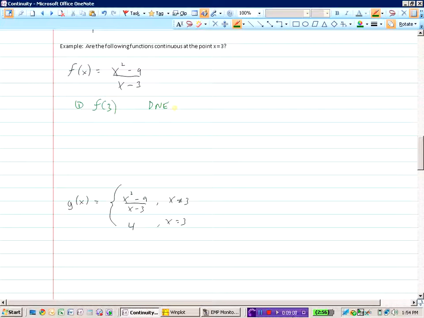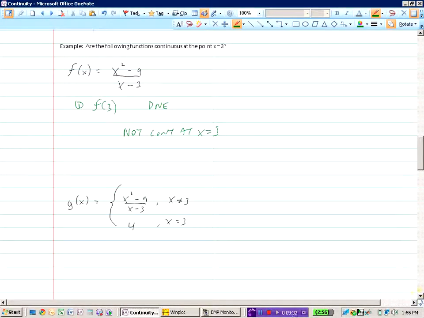Is it continuous? No. We can stop there, because as soon as one of these criteria doesn't work, we don't even need to evaluate the limit. The question is just saying, is it continuous? Step 1 did not hold true, so this is not continuous at x equals 3.